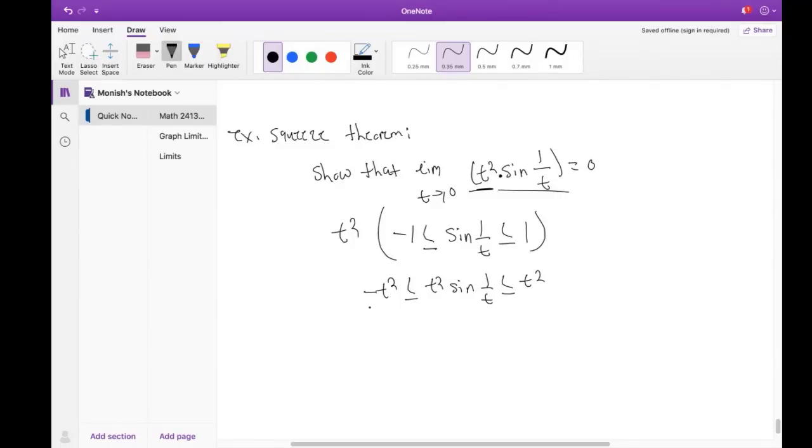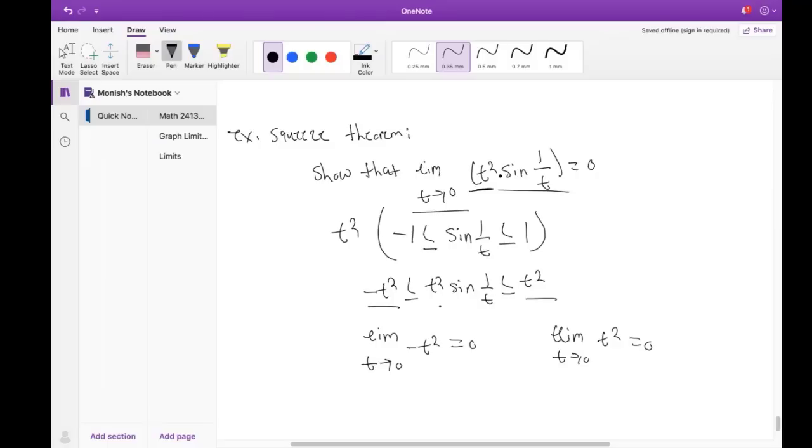And now, I know that since the limit as t, your variable is t, and you're going to take the limit of this and this separately. So I know that the limit as t approaches 0 of negative t squared is equal to 0. I know that the limit as t approaches 0 of positive t squared is also 0.